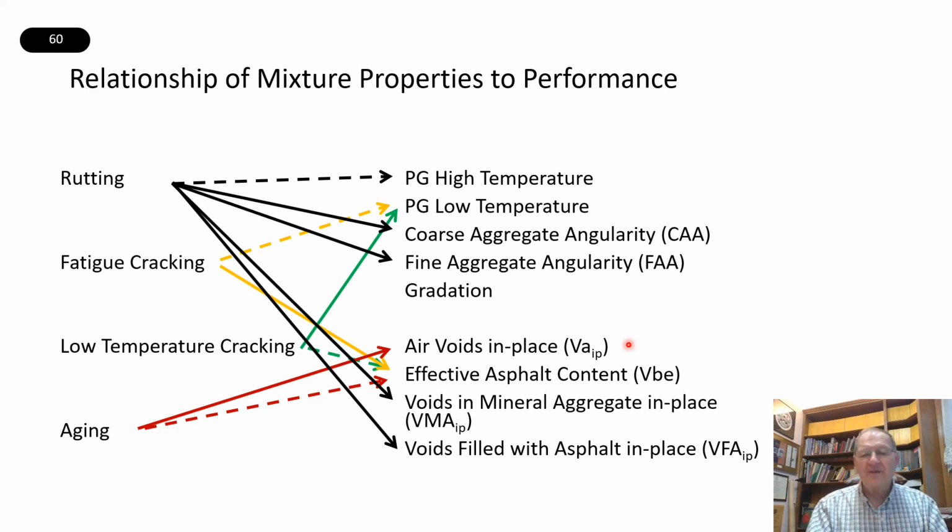So VMA is very important, and gradation is very important as a result. So that's the relationship of the mixture properties to performance on the roadway. And with that, we end this video.